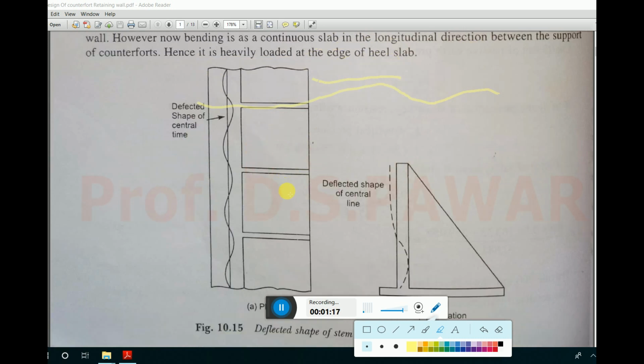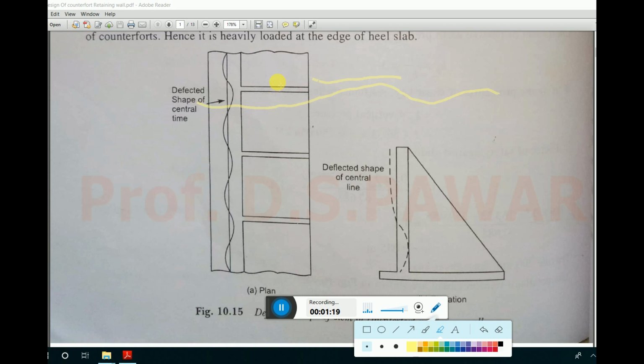If you can see the plan of the retaining wall, here you can see the counterforts. This counterfort we have to provide, attached with the stem and the heel slab. Due to attachment of the counterfort to the stem and heel slab, the stem is going to behave differently than in the cantilever retaining wall, and the stem is going to behave as a continuous slab.